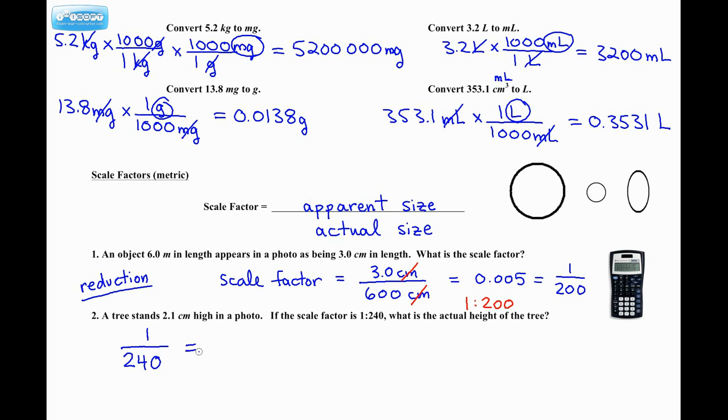And that has to be equal to the tree's apparent height, which is given as 2.1 centimeters, divided by its actual height. And we don't know the actual height, so until we do, let's just call it x. Okay, so we've actually set up an equation, specifically a proportion, that will allow us to solve for x.